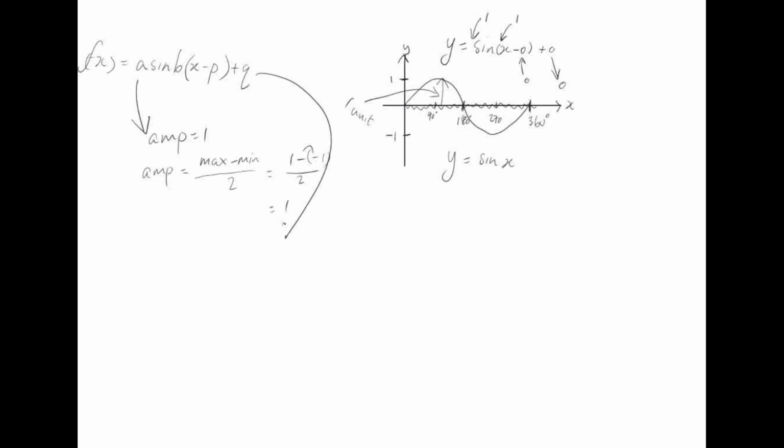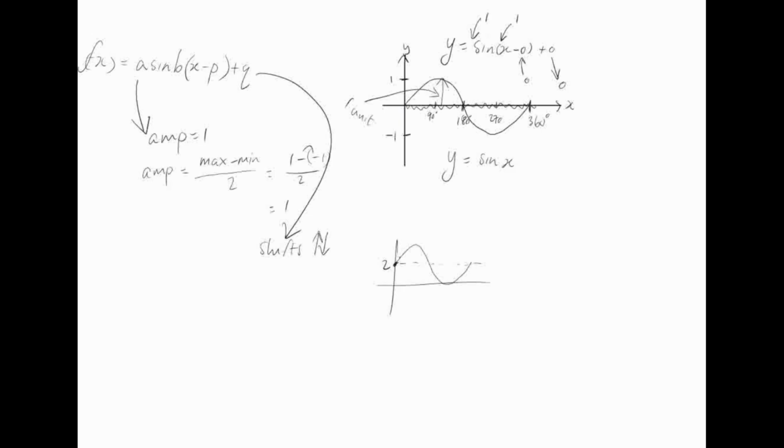The next value is q, and q shifts our function up and down. If we were to take our same graph, let's say this is my Cartesian plane, and I move this whole thing up and make a sine curve there, where my resting point is now somewhere over here, and let's maybe make this 2.